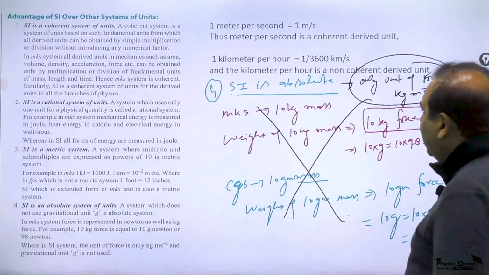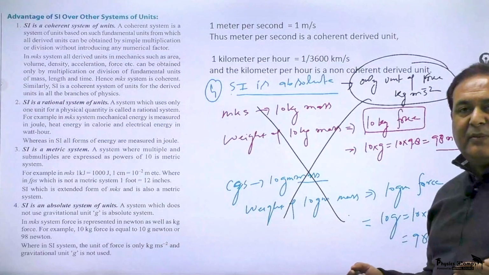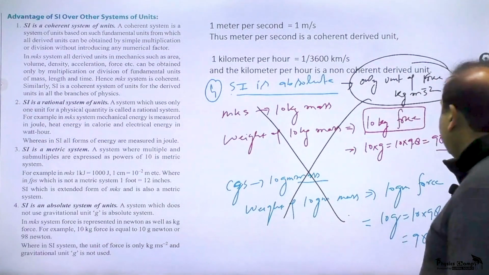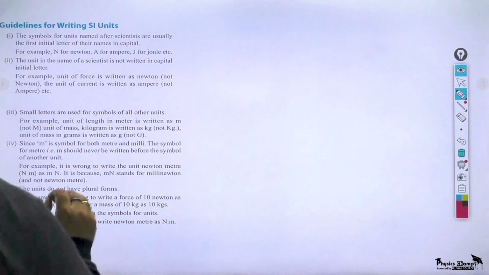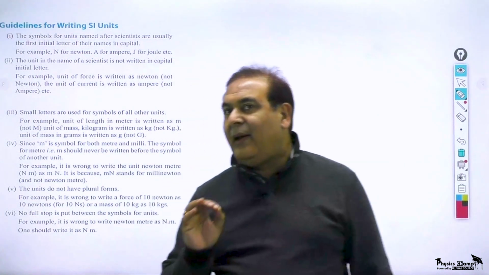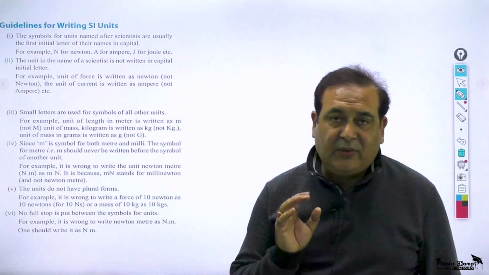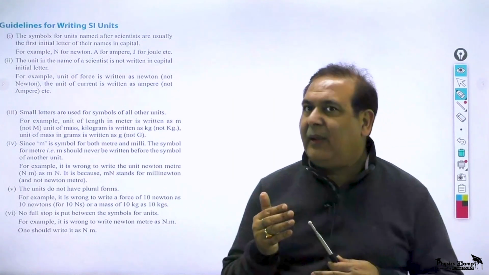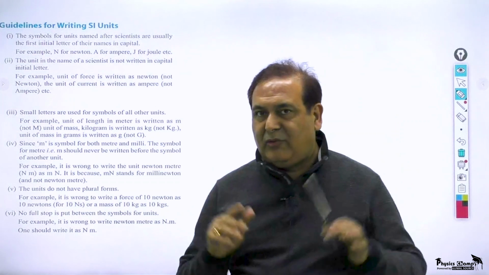So that's how SI is an absolute system. There is one unit for one physical quantity and it doesn't keep on changing. Now let's learn some interesting things that we should follow while writing different SI units. The more you put them into practice, the fewer mistakes you will make while writing these units.